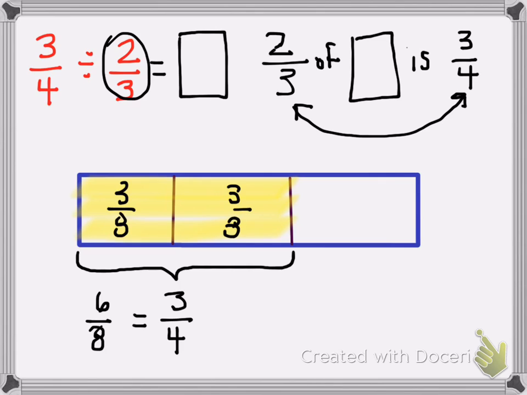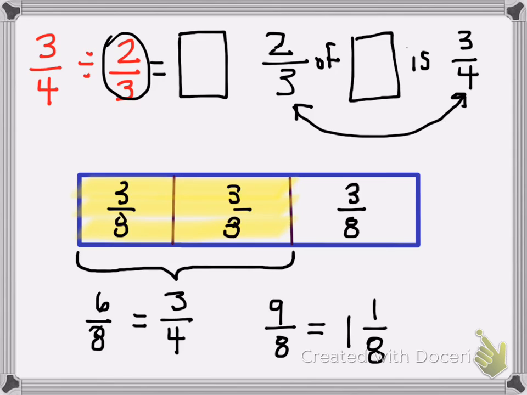So I know that this space here is worth 3/4, which is what I wanted. And now I can say that this box is also worth 3/8. So when I add all these up, I get 3, 6, 9/8 as my answer. 9/8 is the answer, which is 1 1/8 if I change it back to a mixed number.